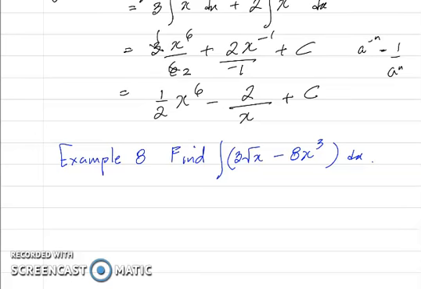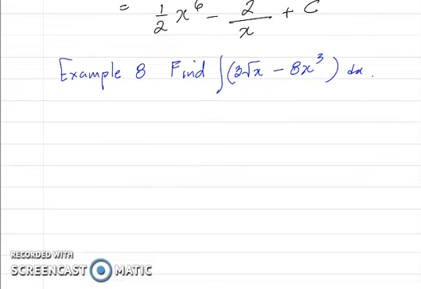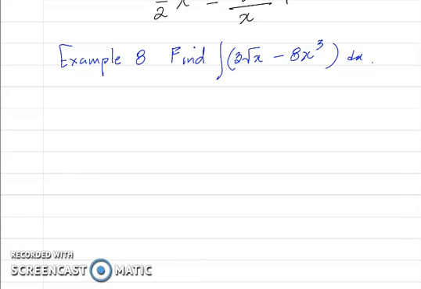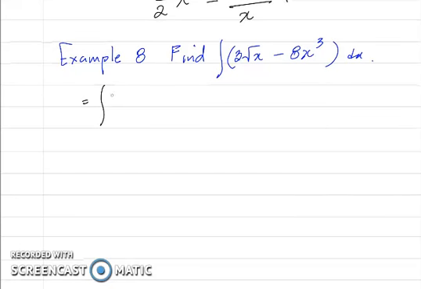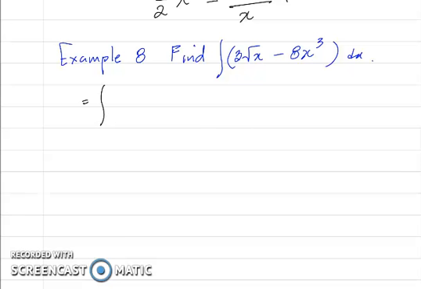All right, and the last example before we end this video. This becomes the integral of 3 times x to the half power minus 8 times the integral of x to the third power, with respect to x.